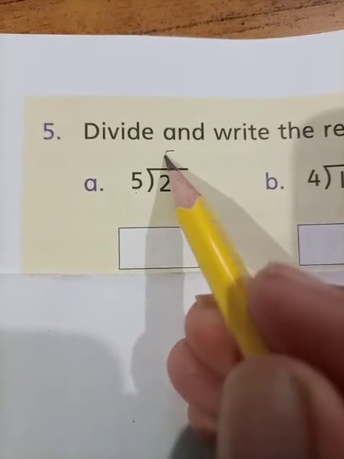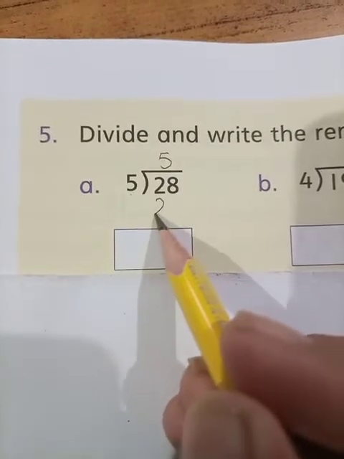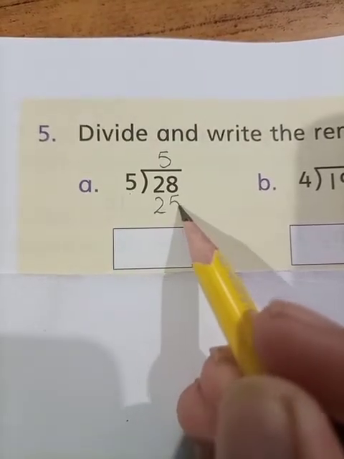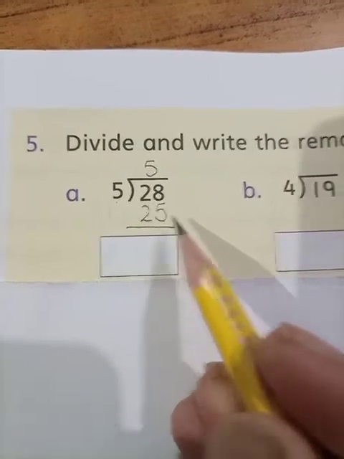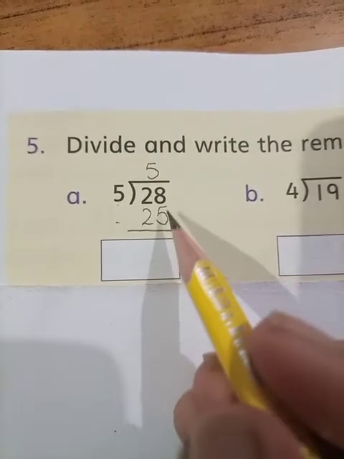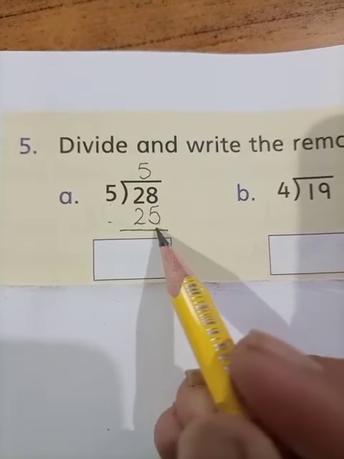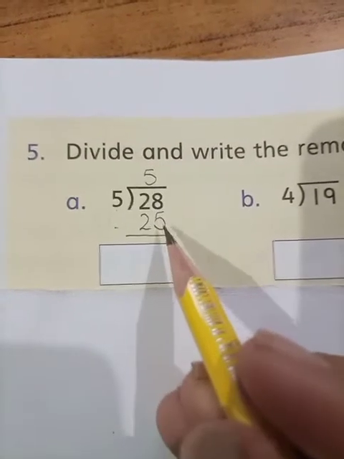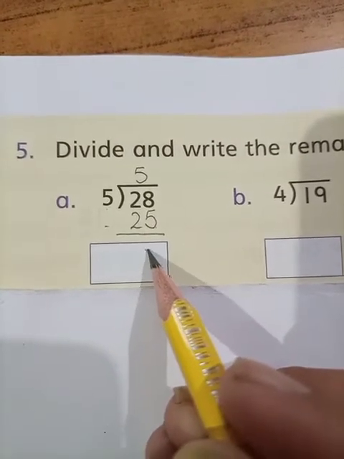Look students, when I write the 5 in the quotient, I got the number 25 beneath it. Now students, the next step is subtraction. When we subtract 25 from 28, students, tell me, we are left with the number 3.